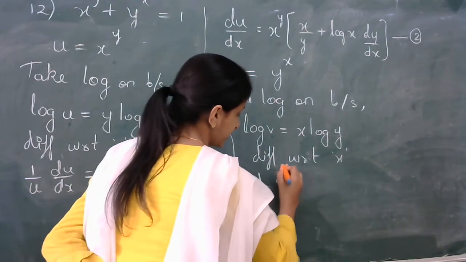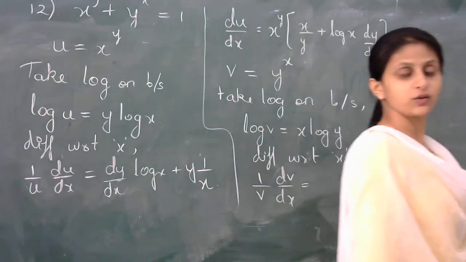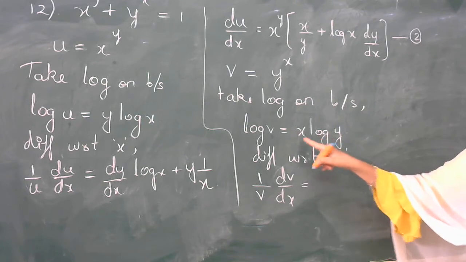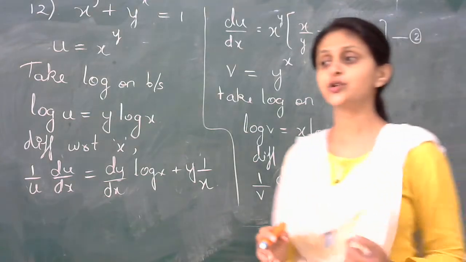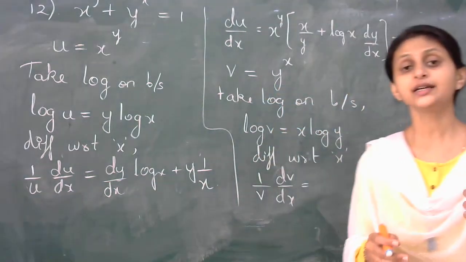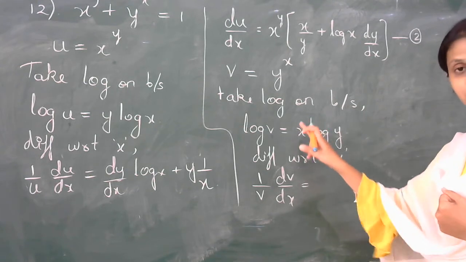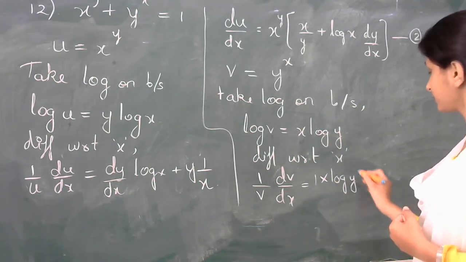So differentiating with respect to x, what you will get? 1 by v into dv by dx is equal to, observe here, again it is product of two functions. x is one function, log y is the other function. So here we are going to use product rule, or else you can call it Leibniz rule, right? So first differentiate the first function, that is x.